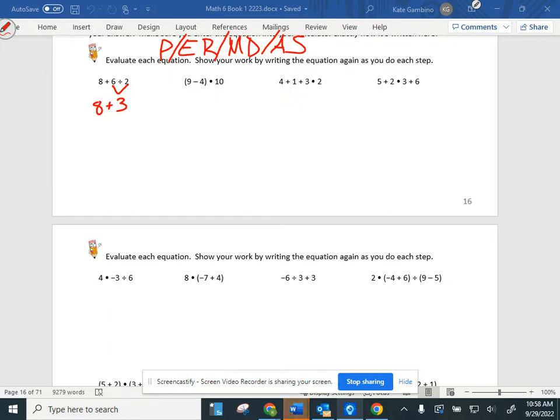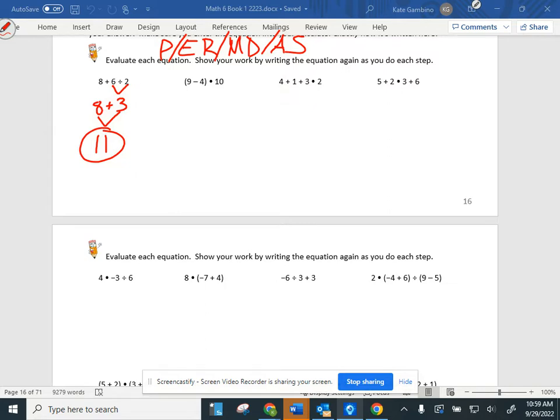This is what I expect to see on your paper, so you should be writing it like this. Then we only have one operation left. 8 plus 3. What is 8 plus 3? 11. So that is our answer. This is how we show our work. I expect to see all of that written out just like that. You find which operation you're going to do first, and we're going to arrow it down to solve it, and then we bring down the rest of our problem.